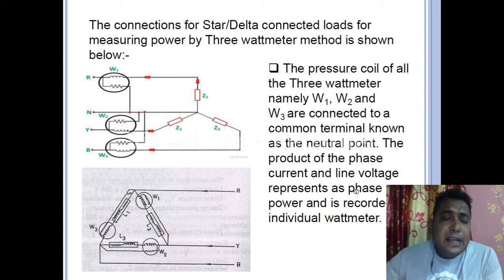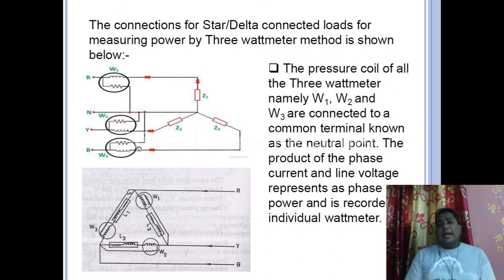For your better understanding, follow my pointer. Say there are three phases R, Y and B. This is R, this is Y and this is B. In each phase we have a wattmeter. With the R phase there is wattmeter 1, with the Y phase there is wattmeter 2, and with the B phase we have wattmeter 3.